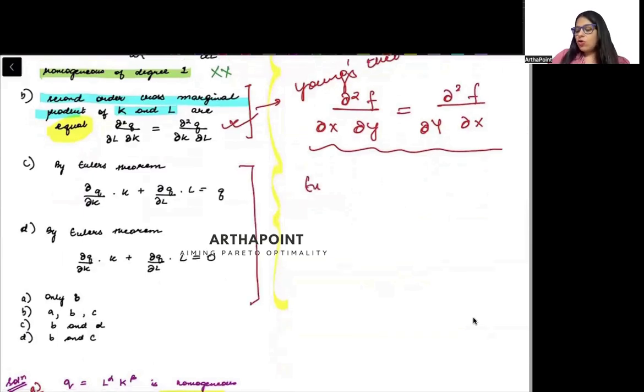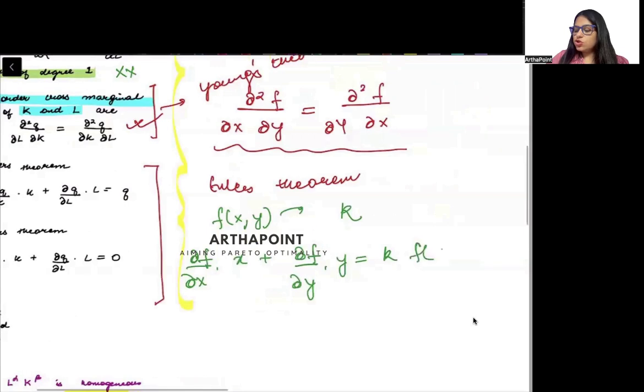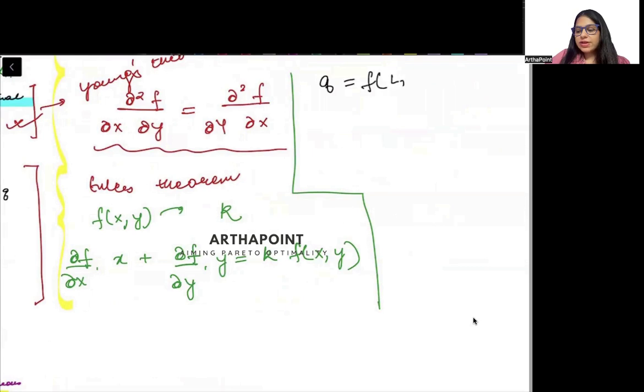Now let's look at the third and fourth options. This is asking about Euler's theorem. Euler's theorem says that if I have a function which is homogeneous of degree k, then if I differentiate the function with respect to x into x, and differentiate the function with respect to y into y, the sum will be equal to the degree into the original function. In our case, output is a function of labor and capital.